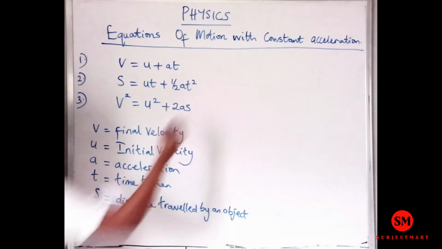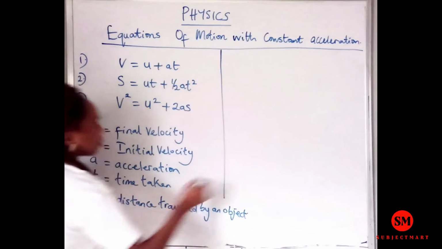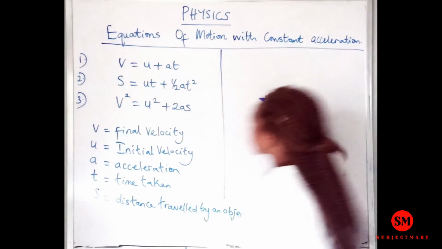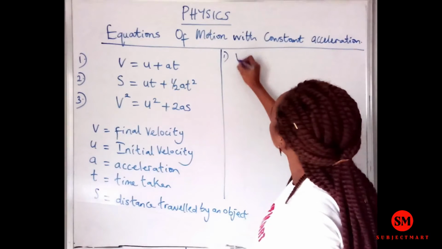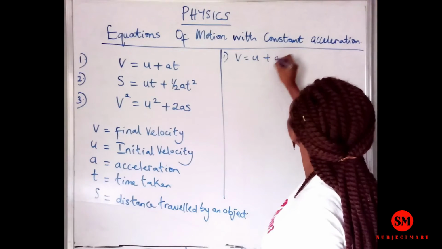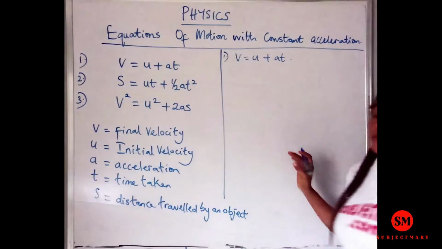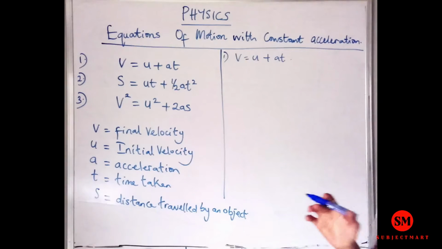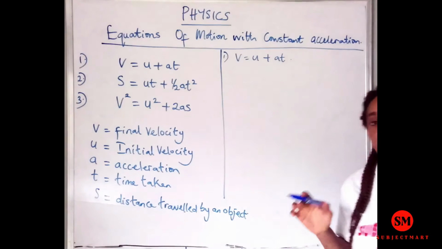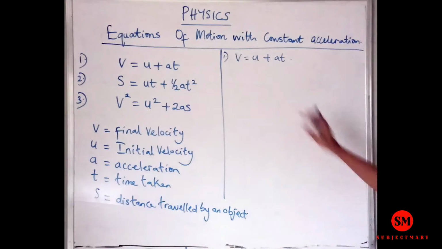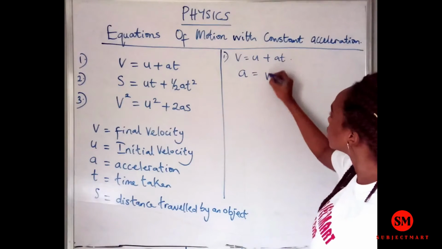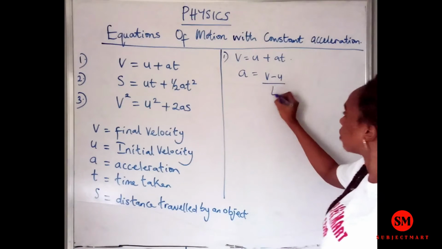So now, I'm going to go ahead and show us how these equations are derived. The first one, v equals u plus at. You recall that in our previous video, we learned that acceleration is the difference in velocity over time. That means acceleration is equal to a change in velocity over time.